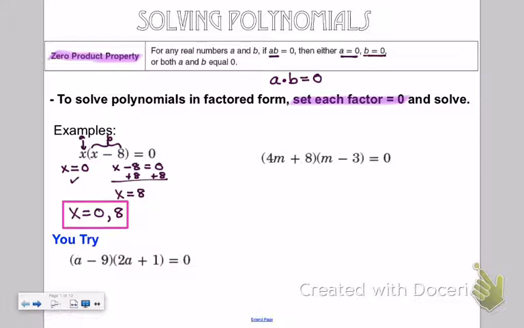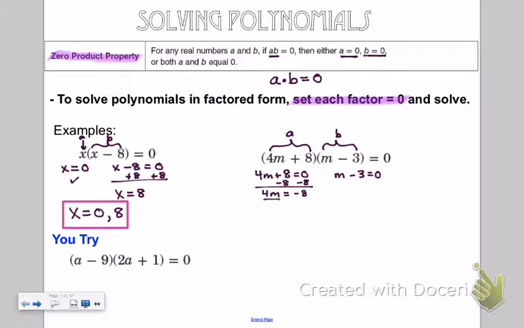So if we look at the second example, the first set of parentheses is our a, the second set is our b. So set each of them equal to 0. 4m plus 8 equals 0, and m minus 3 equals 0. So the first one, solving, I need to start with the non-variable term. So I'm going to subtract 8 from both sides. 4m equals negative 8.